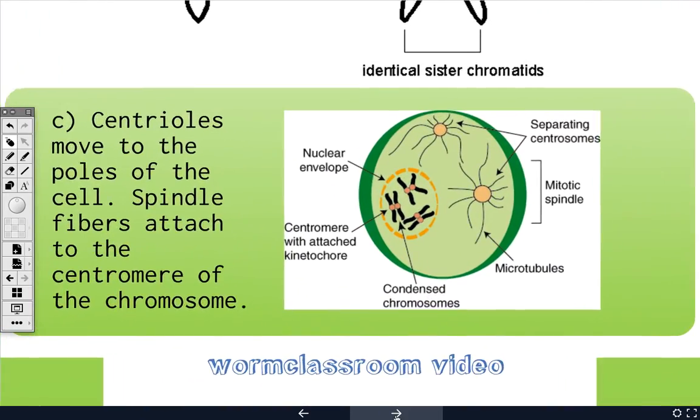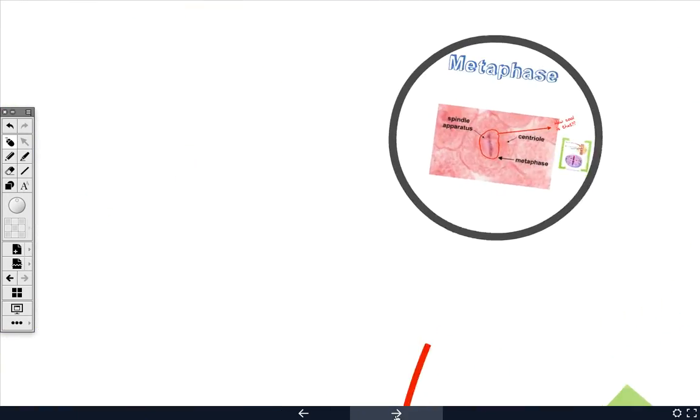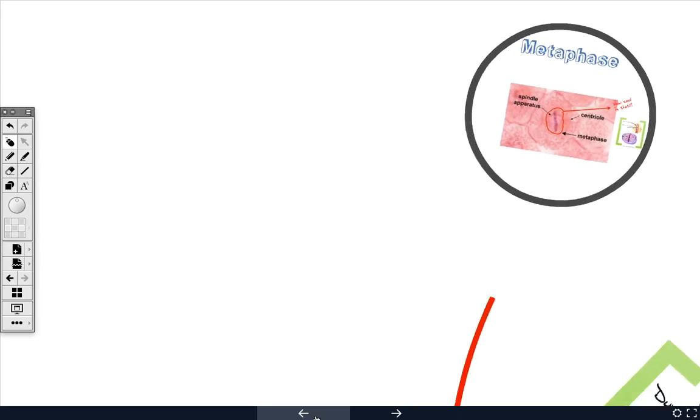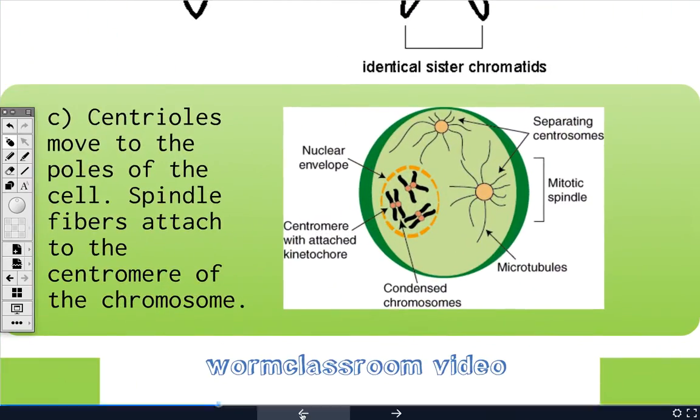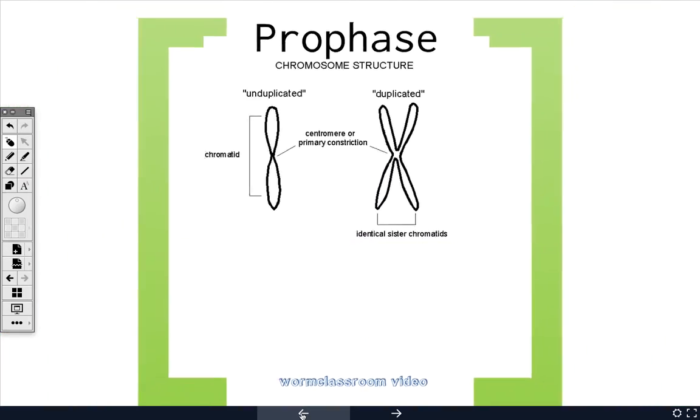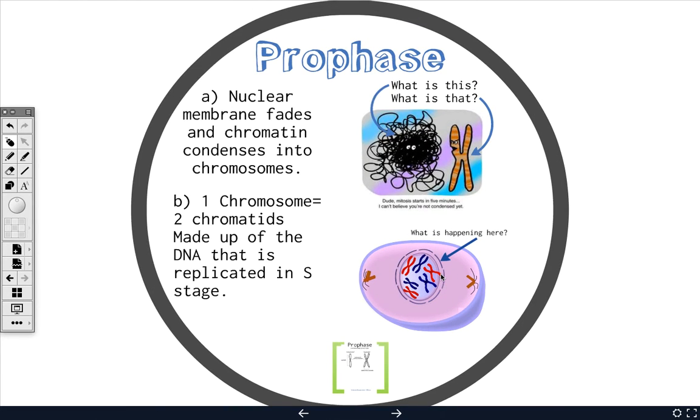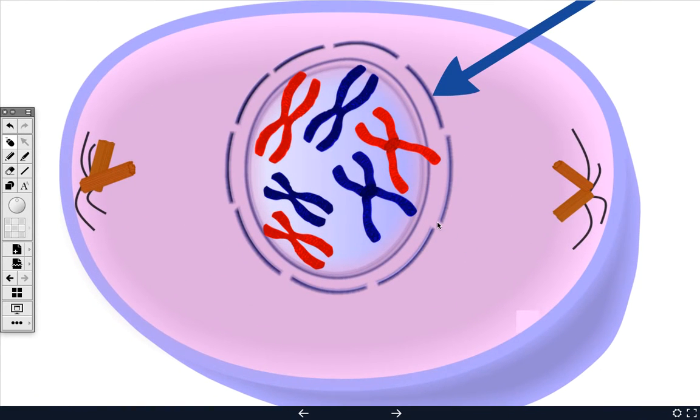And so in our full little view here, let me go back to this full view. What we can see is that it looks something like this. Our nuclear envelope here has faded. Our chromosomes, we can tell, have been condensed. So we start seeing little gaps.